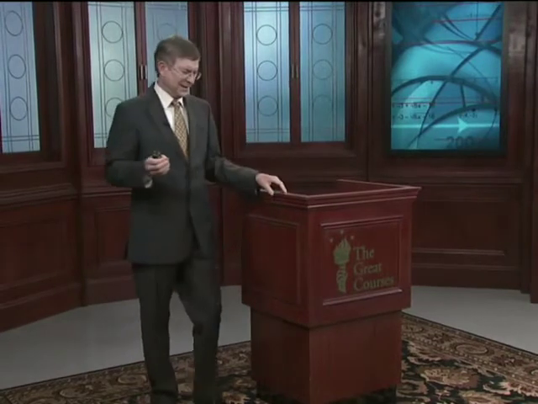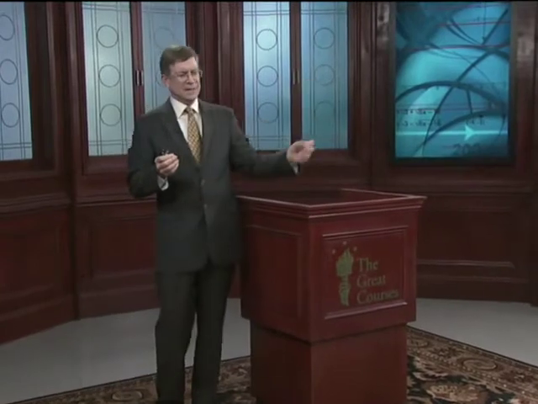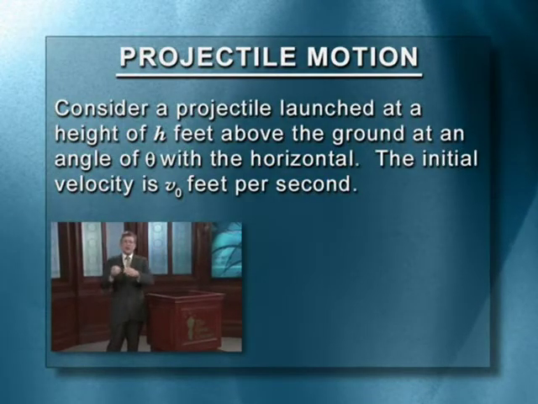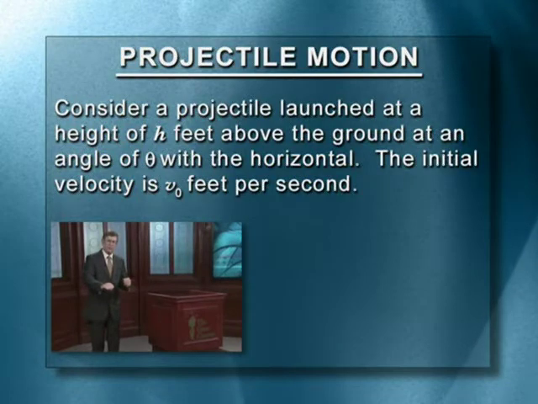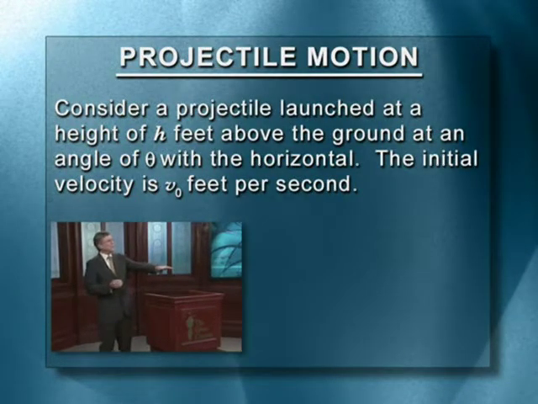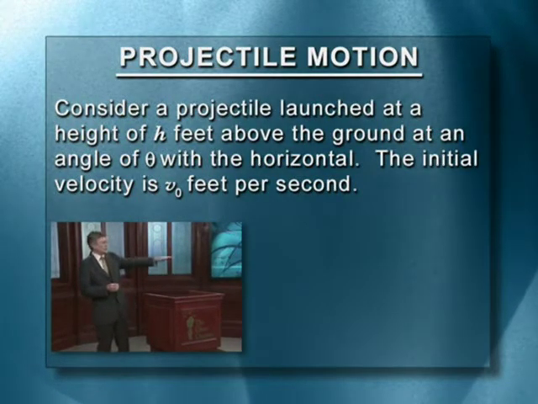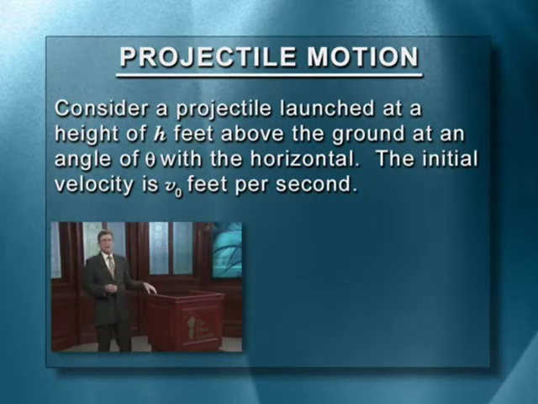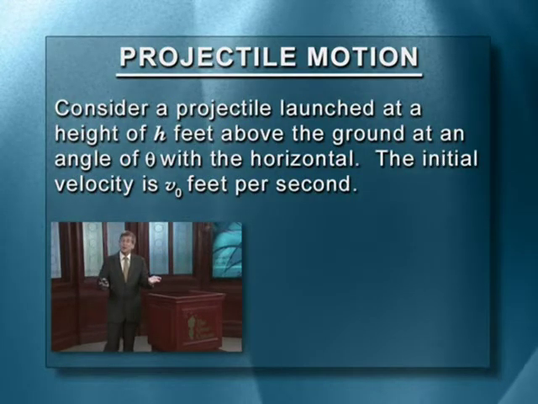Projectile motion. If you take a physics course, you'll learn about how particles can move in space. Here's the setup that we'll talk about. Suppose you have a projectile launched at a height h above the ground, at an angle of theta with the horizontal, and it has a certain initial velocity, which we'll call v sub 0.